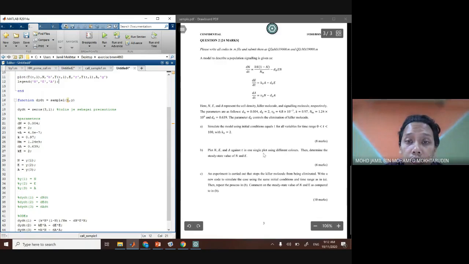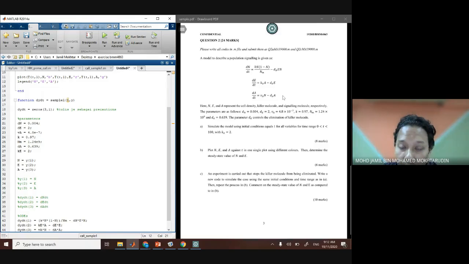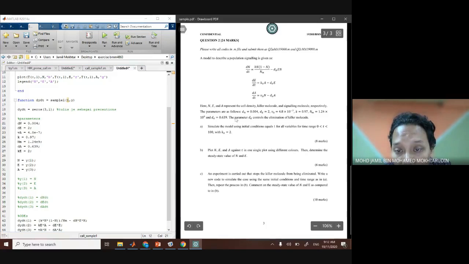So dia nak kata yang killer molecule ni tak boleh dihapuskan. Macam dalam equation ni killer molecule tu boleh dihapuskan, tapi sekarang ni ada satu eksperimen dibuat supaya killer molecule ni tak boleh dihapuskan. So nak ubah parameter mana? So dekat sini dah bagi clue dah. The parameter DE controls the elimination of killer molecules.